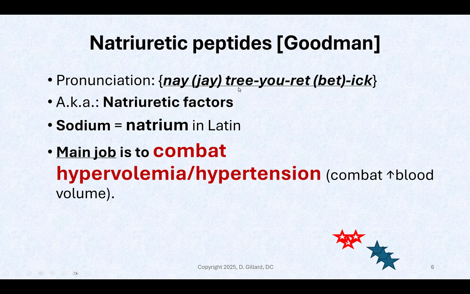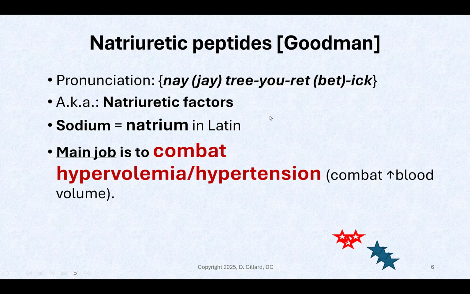That's how you pronounce it, natriuretic system. And it's made up of natriuretic peptides, also known as natriuretic factors, and they flip these 2 words back and forth all the time.